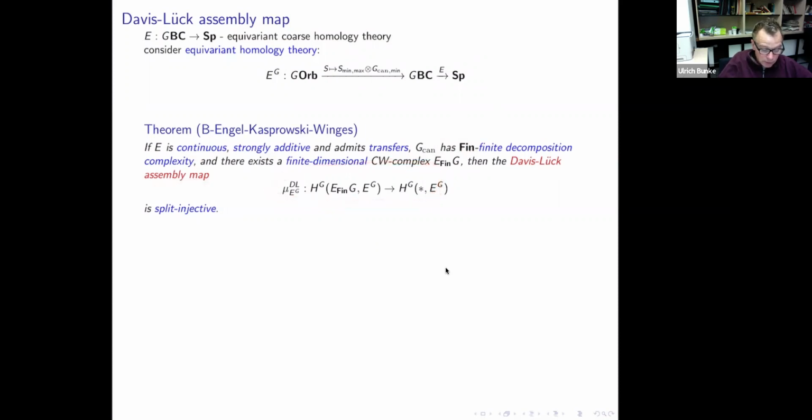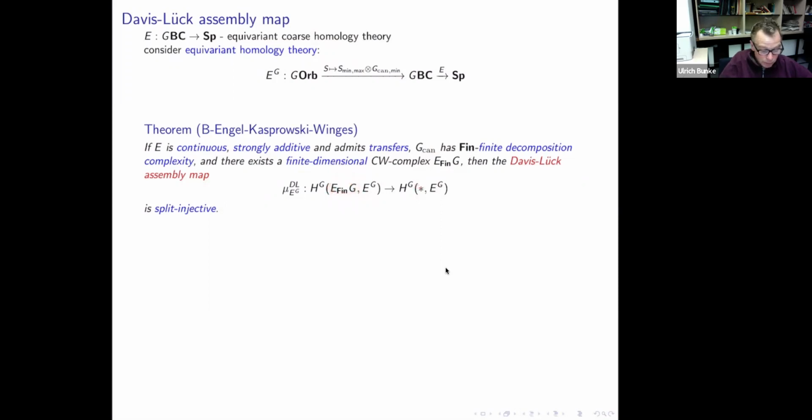So here, this notation H^G(EG) is just the equivariant homology theory determined by this spectrum-valued functor, evaluated on the space. And this Davis-Lück assembly map is just induced by the map from this classifying space to a point.